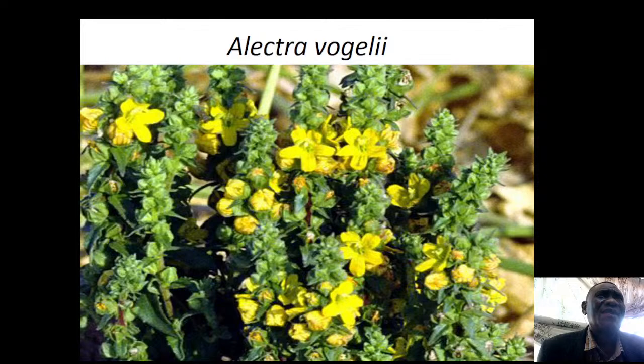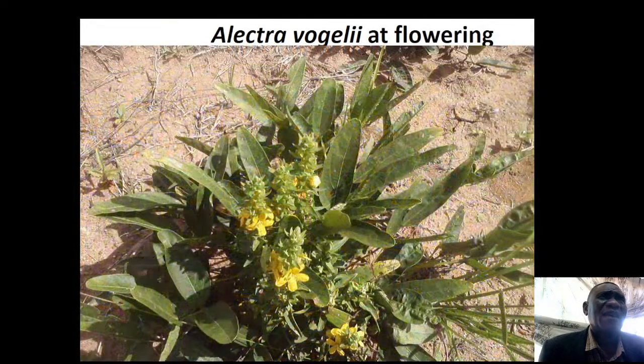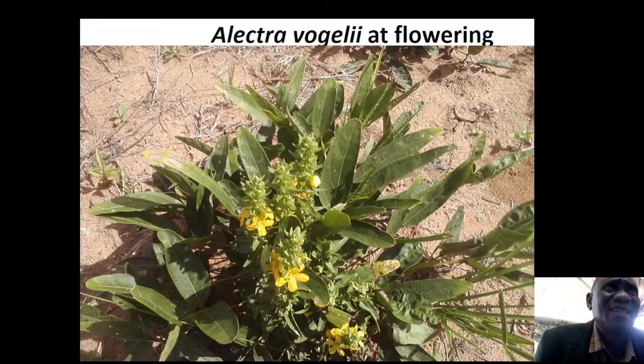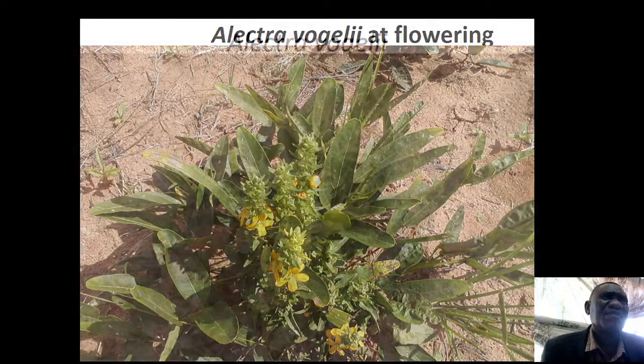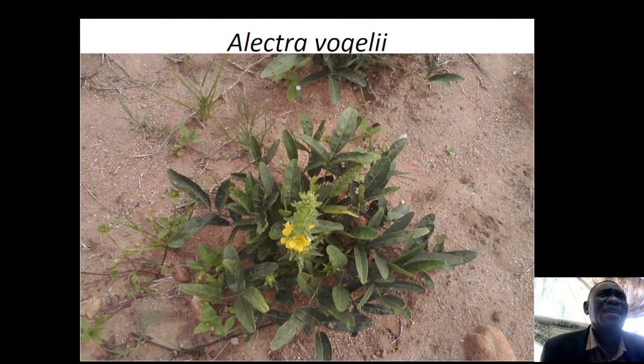This is Electra vogeri, a parasitic weed. Here it is attacking bambara nuts. It has those yellow flowers. Again, Electra vogeri in bambara nut.